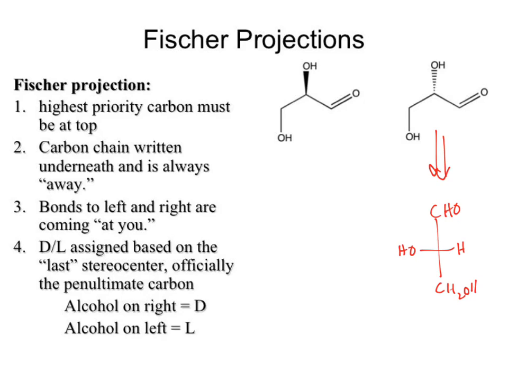Where is the highest priority atom on the last chiral atom in this structure? So there's our last chiral. Chiral is the one near the center. Okay. Where's our highest priority group? It's the oxygen. It's located on the left of the structure. So we will refer to that as the L form for glyceraldehyde.